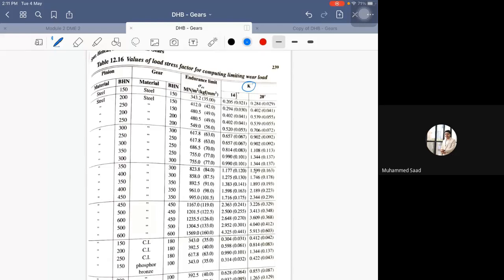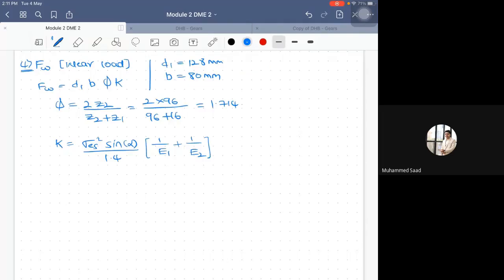Okay, so what is the value? Just let me know. All this is for the calculation of the value of K. First, we will talk about the pinion. Pinion BHN is equal to how much? It is 250, correct? And it is made of cast steel. Even I would write that. Cast steel.